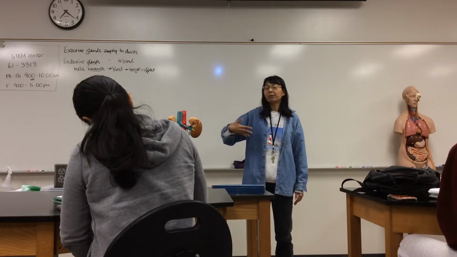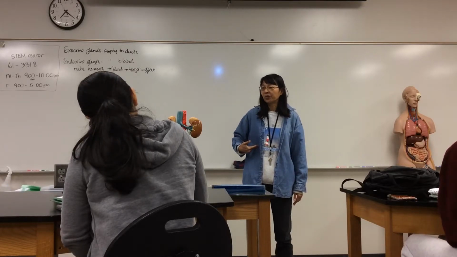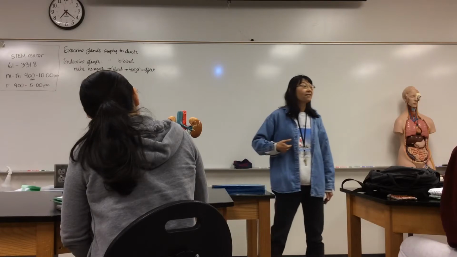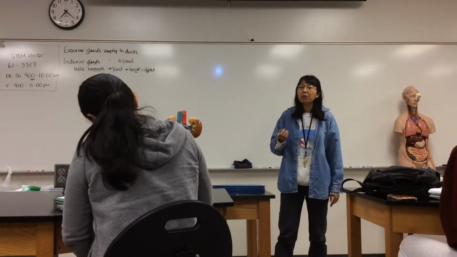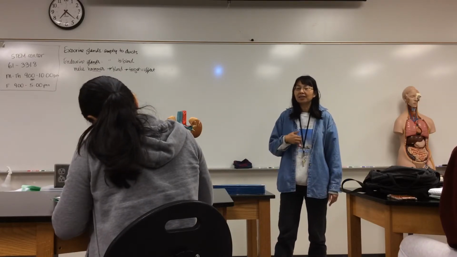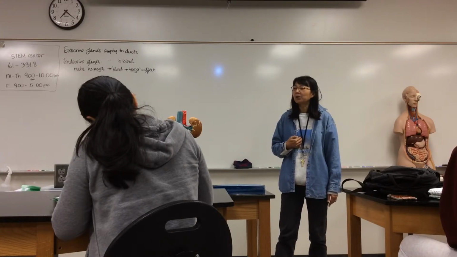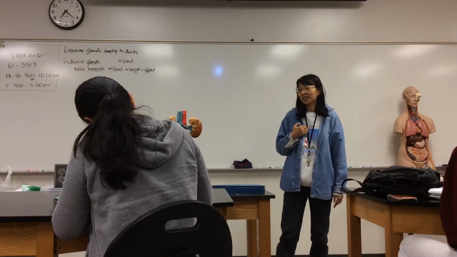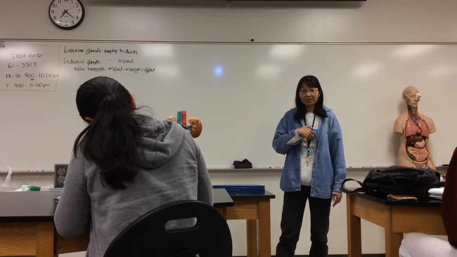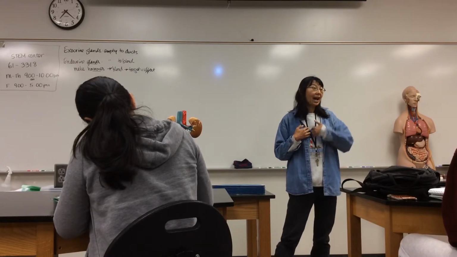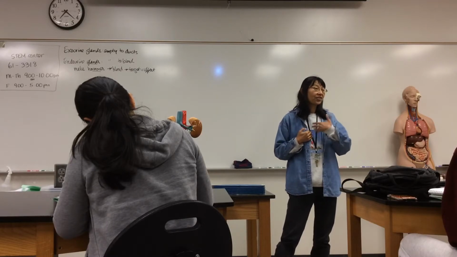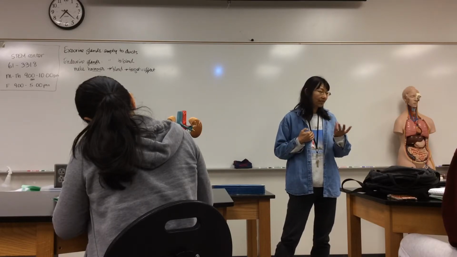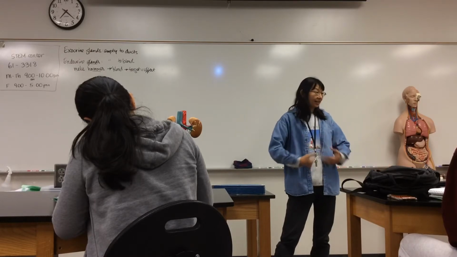Let's keep going. From the liver, it goes to what vessel? Hepatic vein. The hepatic vein will take it to the inferior vena cava, and that will take it to the right atrium. And then it goes to the heart, agree? And then it goes out of the heart via what vessel? The aorta. And then it's going to go to muscle in the body.